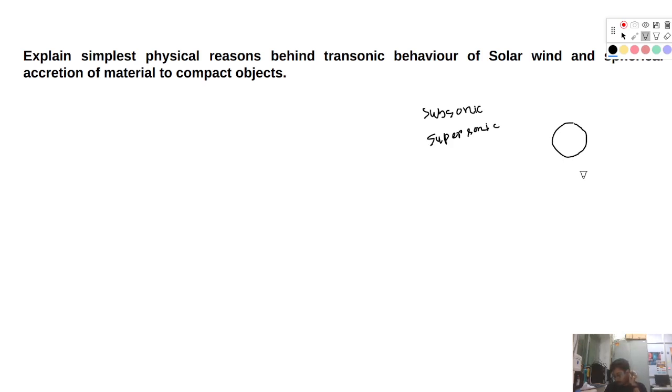Now in the sun there is a surprise. If you consider the sun as a black body, as you read in undergrad courses, then you expect that as you move from the core, the temperature should fall. And it does, because at the core it is around 10 to the power 7 Kelvin, and as you move on to the photosphere, it decreases to 5800.